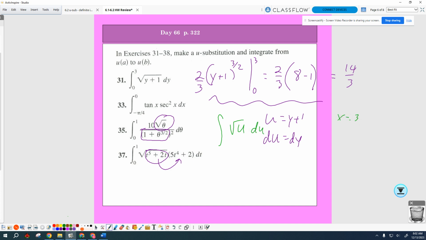When x is 3, u is 4, and when x is 0, u is 1. Raise the power, divide by the new power, and evaluate from 1 to 4. I get the same thing.